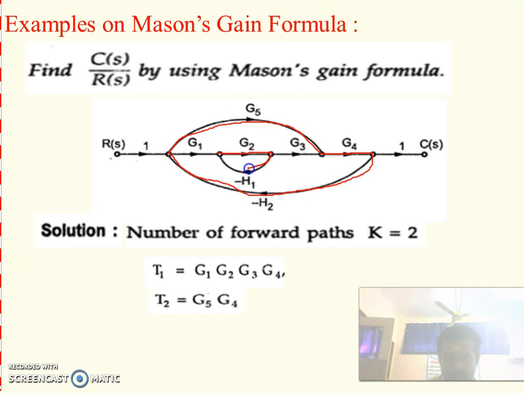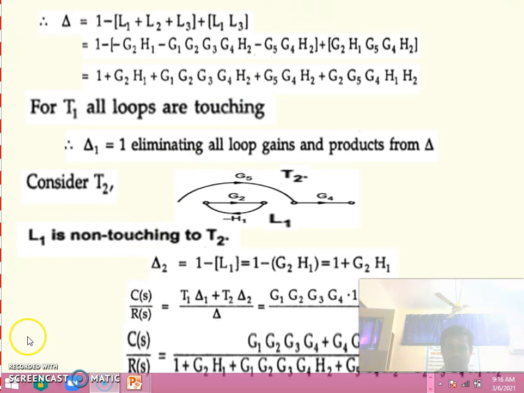These two are non-touching. Why? Because these two do not have any common nodes. So loops L1 and L3 are non-touching loops. So we have found the non-touching loops.